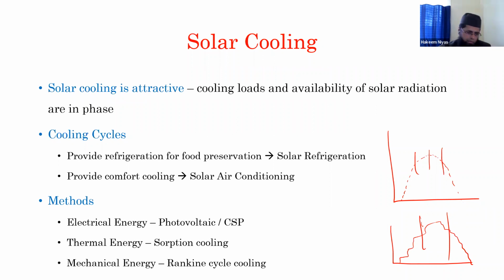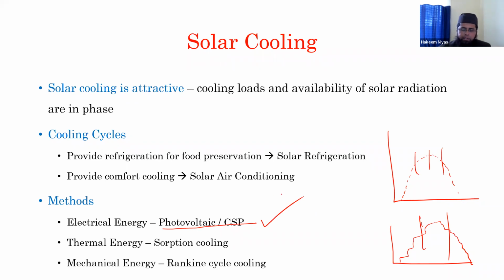So we can use the solar energy to make cooling. One way is to take the electricity obtained from PV or concentrating solar power and run our air conditioning systems. This is much simpler.